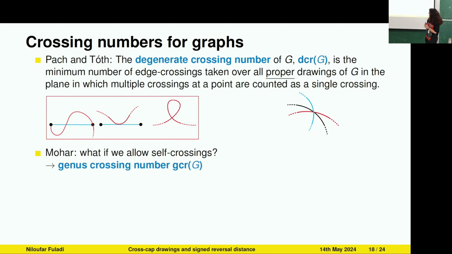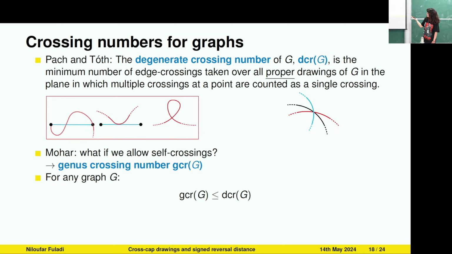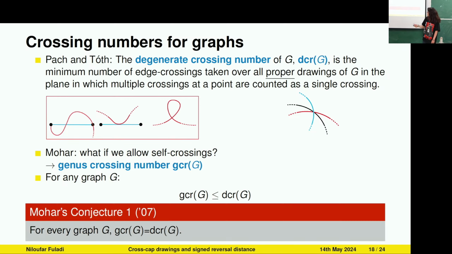So he allowed self-crossings, and this introduces the genus crossing number, which I'm going to denote by GCR. The degenerate crossing number I'm going to denote by VCR, don't forget that. And I'm going to tell you why he called it genus crossing number soon. By the definition, it's clear that the genus crossing number is less than or equal to the degenerate crossing number for any graph. And there is a conjecture by Mohar that says that for every graph, actually these two are equal. Okay?